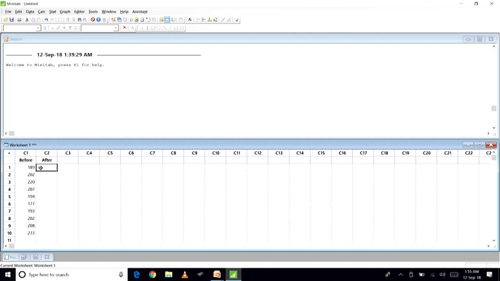Let us look at the weight after the group of people attended training sessions at the fitness center.